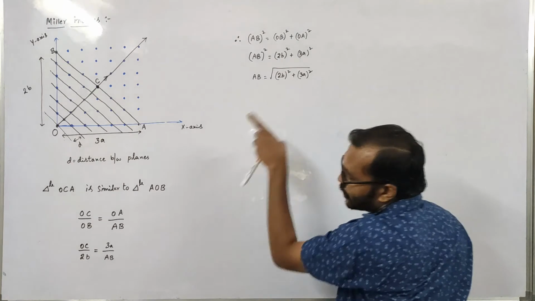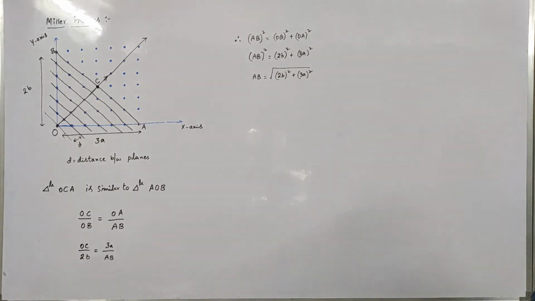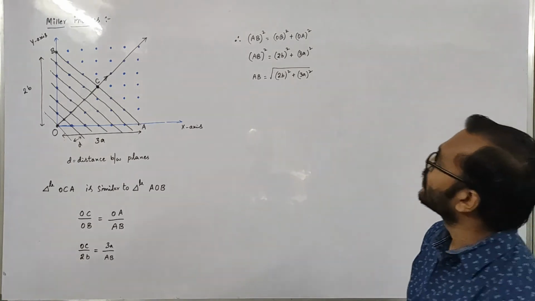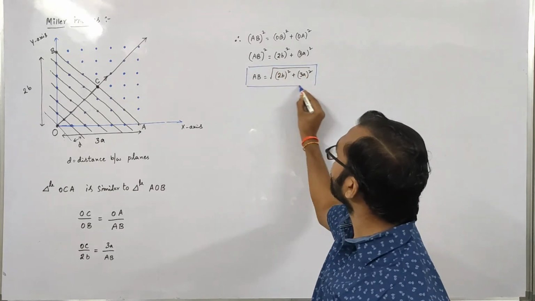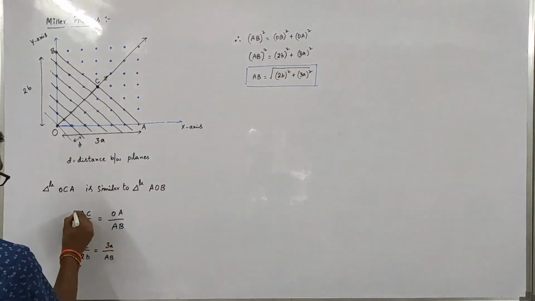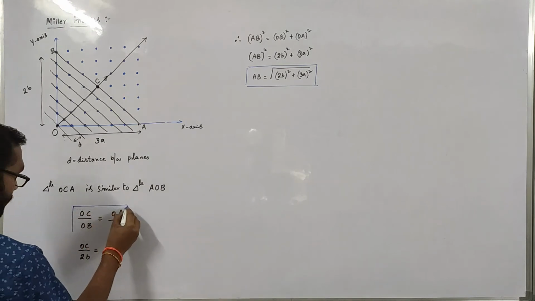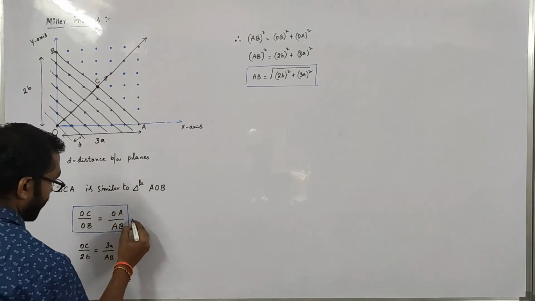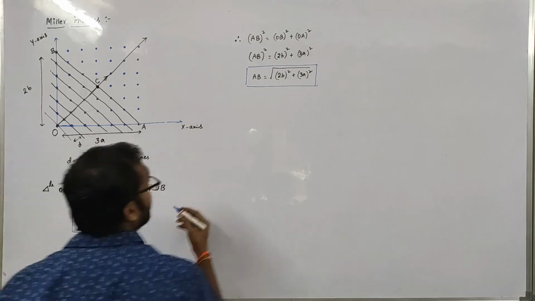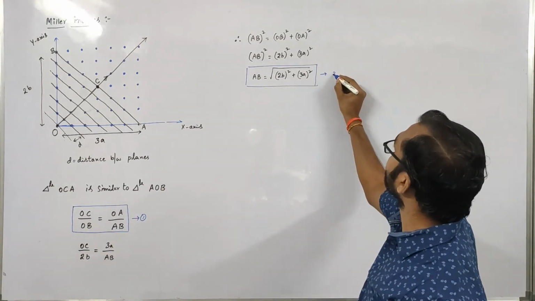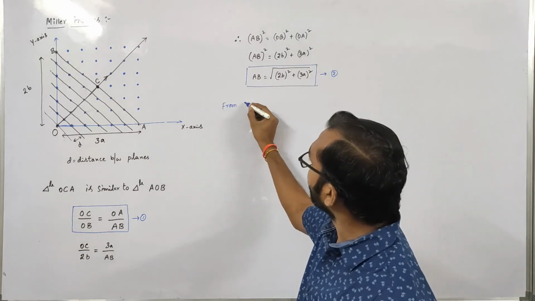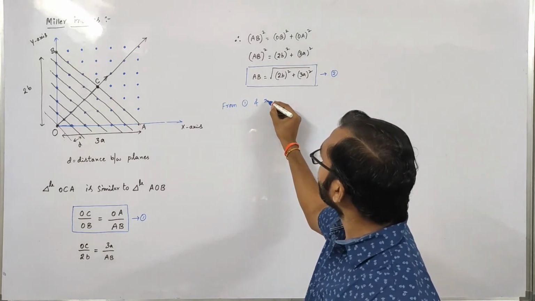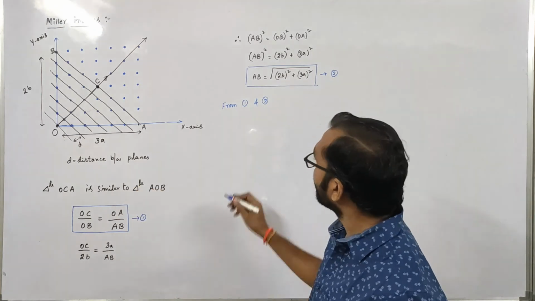Can I substitute this AB here? Yes. I will substitute this AB in that equation. We consider this as equation 1 and this as equation 2. Now from 1 and 2, substitute that AB there. Then what do you get?